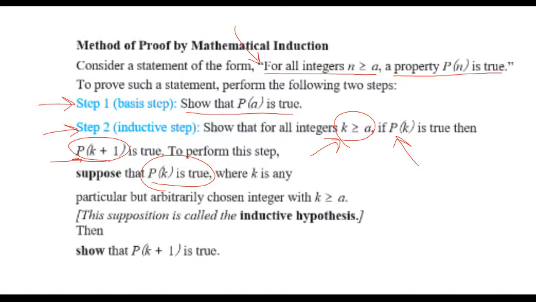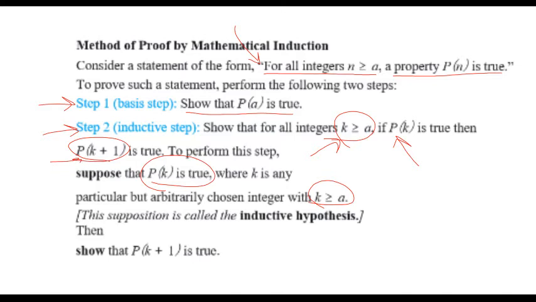Where k is any particular but arbitrarily chosen integer with the inequality k greater than or equal to a, right? So this condition is called the inductive hypothesis. That's the assumption that we need to consider to be true if we want to prove the inductive step.